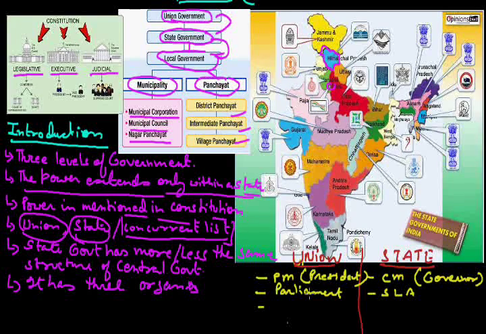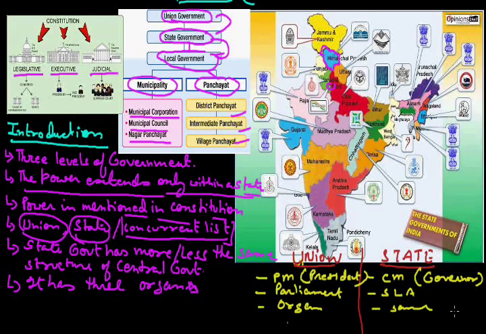Like here it is the Lok Sabha, so here it is the Legislative Assembly. Rajya Sabha, here it is the State Legislative Council, which is actually not in all states. It is found only in 6 states of India. Organs are the same. Here it is the Supreme Court and here is the High Court. Here legislative, executive, and judiciary are there. Same, the legislative, executive, and judiciary are here.